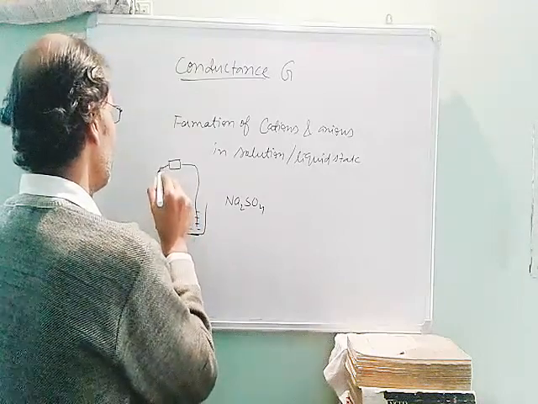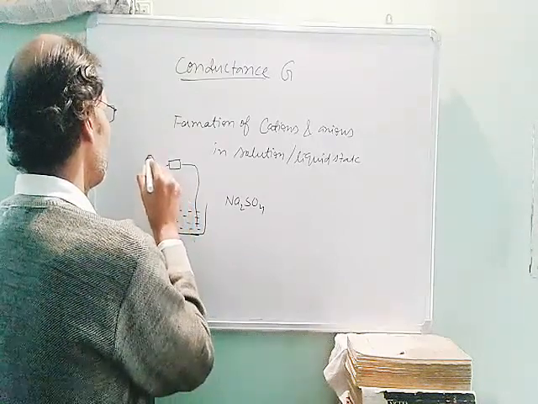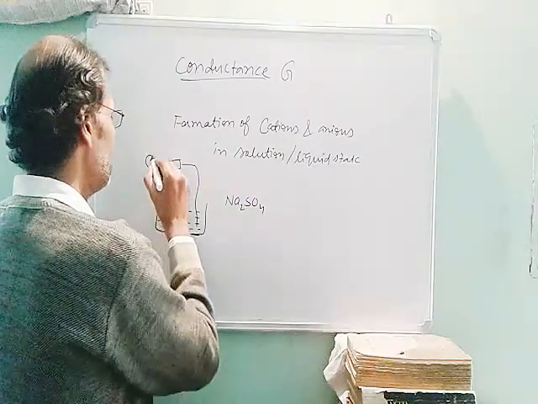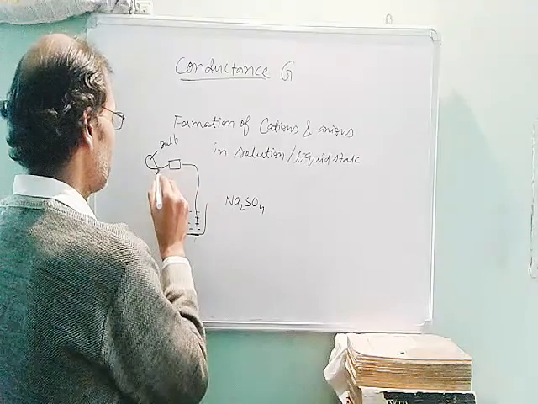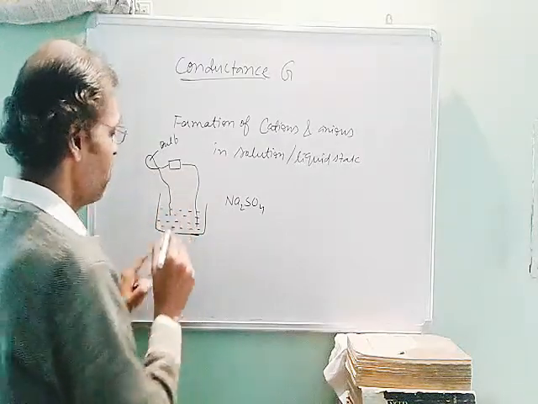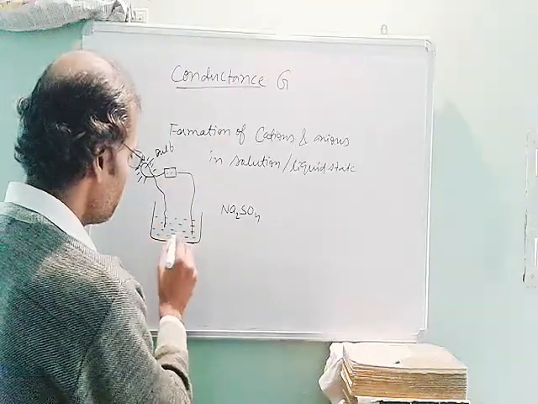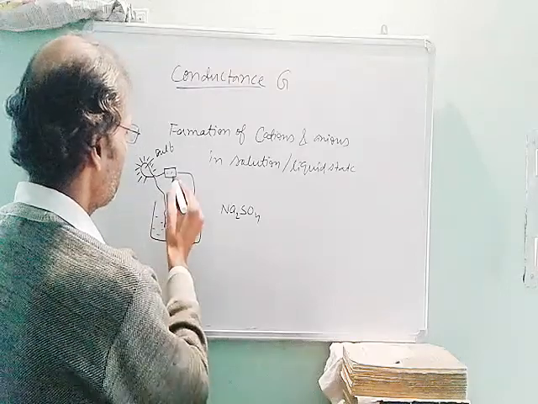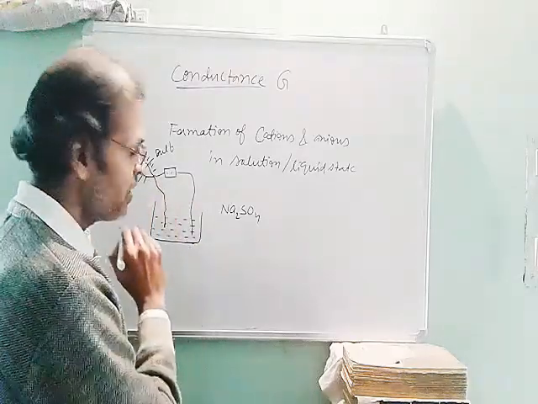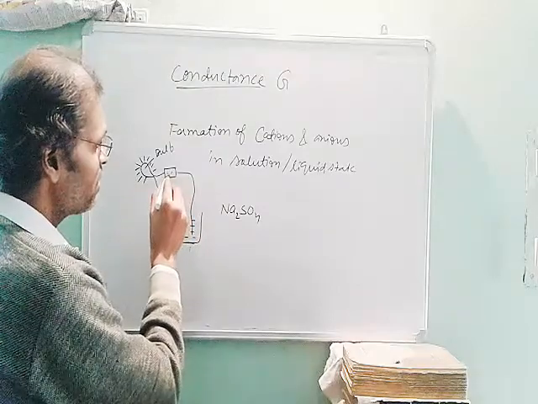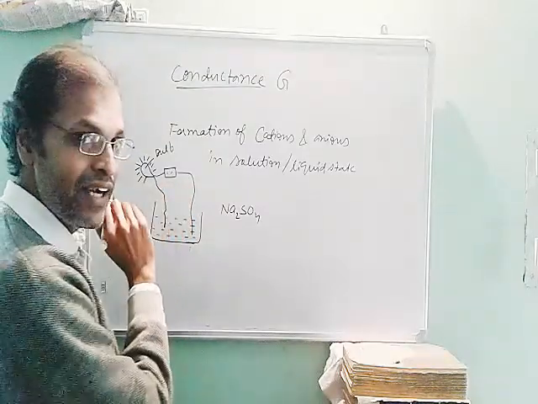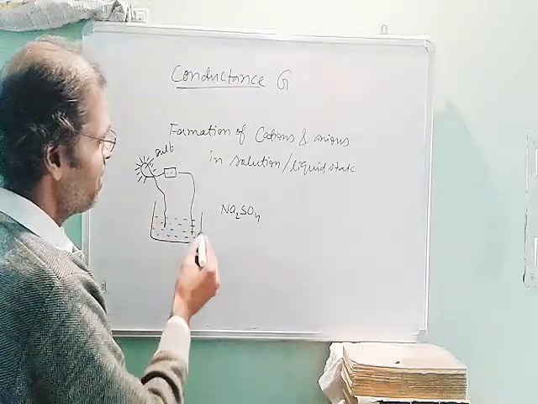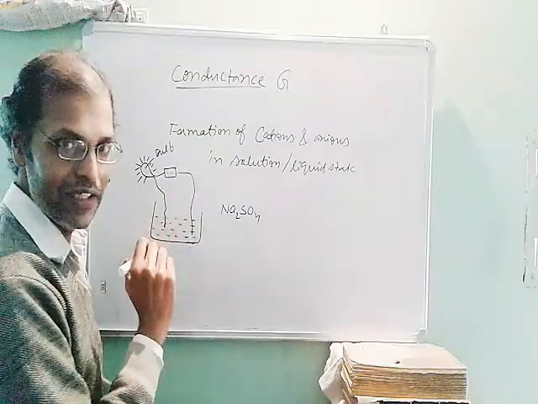Then I will connect a bulb. This is bulb. Then another end of wire will be connected. Two wires are dipped in this electrolytic solution, battery is there and bulb is there. On getting the switch on, bulb enlightens. What does it mean? It means that it works as an electrolyte.